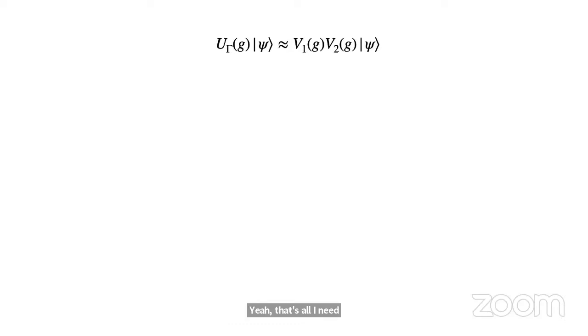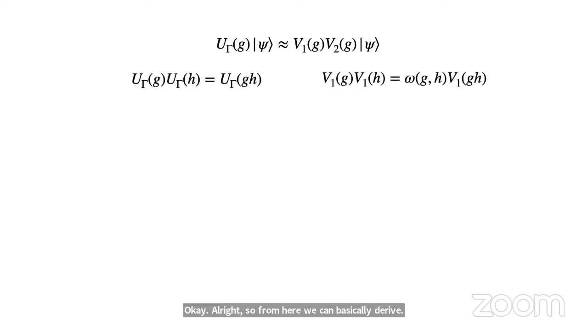Okay. All right. So from here we can derive the cohomology classification. These V1, V2 serve as a kind of agent for the edge. We can do this without actually having an edge of the system, just by looking at the truncated symmetry operator.